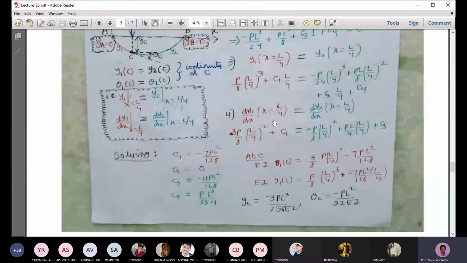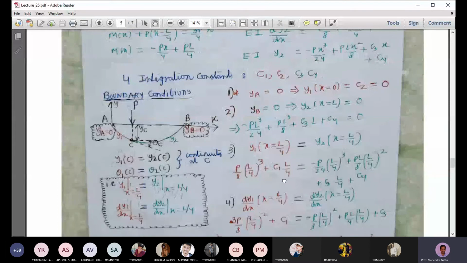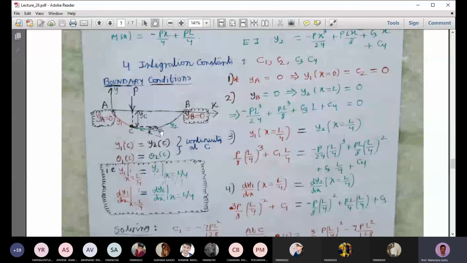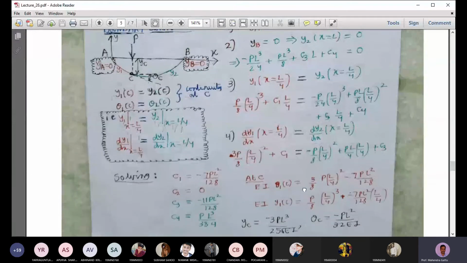So we can now know the complete deflected shape. We can know the function y1 of x and y2 of x. If you want to find the deflection at C, we can substitute x equal to L by 4 in y1 of x and get the deflection at C. If you want to know the slope at C, we just substitute x equal to L by 4 in dy1 by dx.